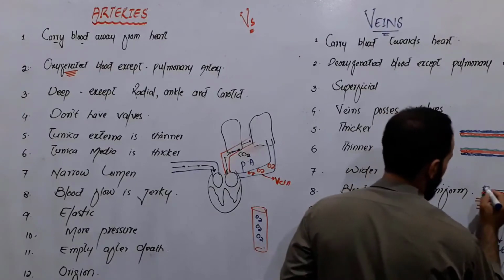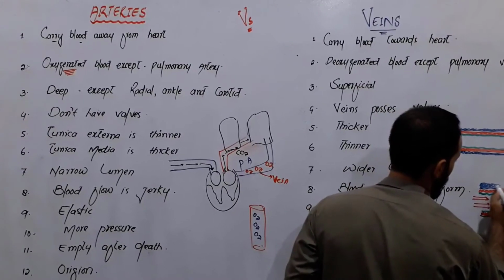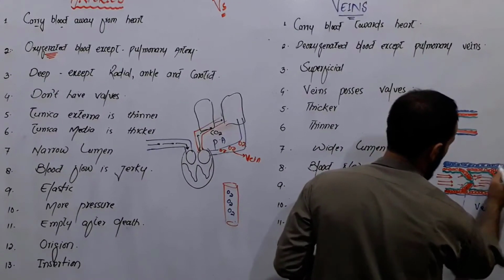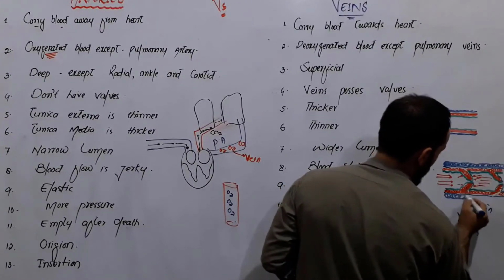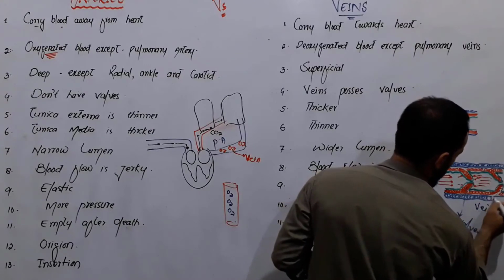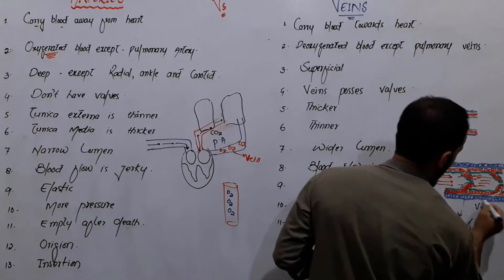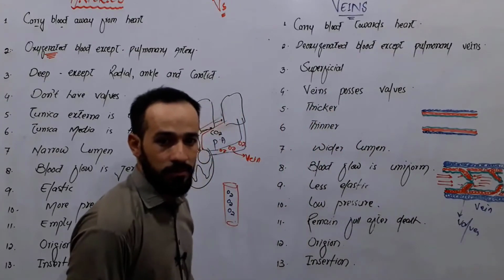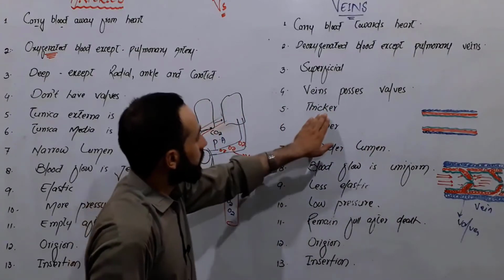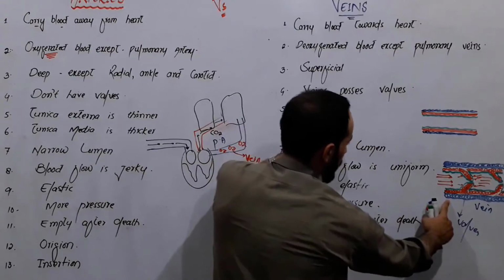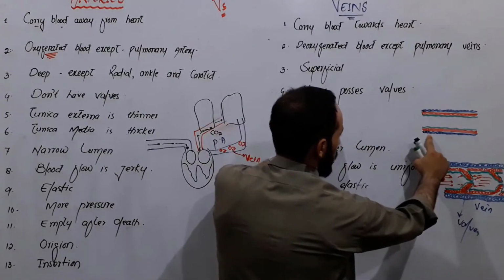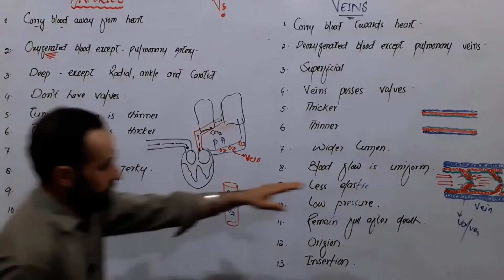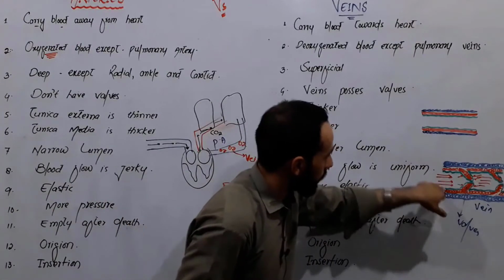But here the tunica externa you can see is thicker. Okay, this is our tunica externa. You can see the difference now clearly that veins have thick tunica externa, but arteries have thin tunica externa. Clear? You can distinguish in this diagram.